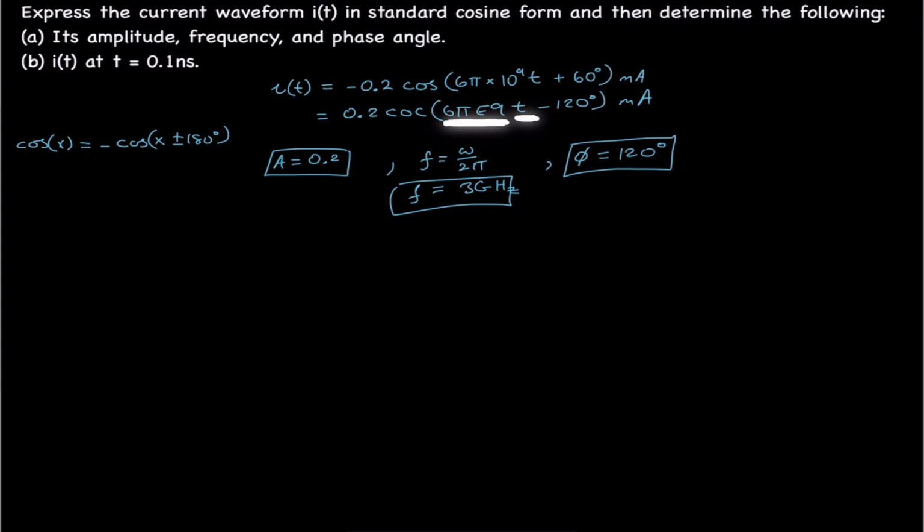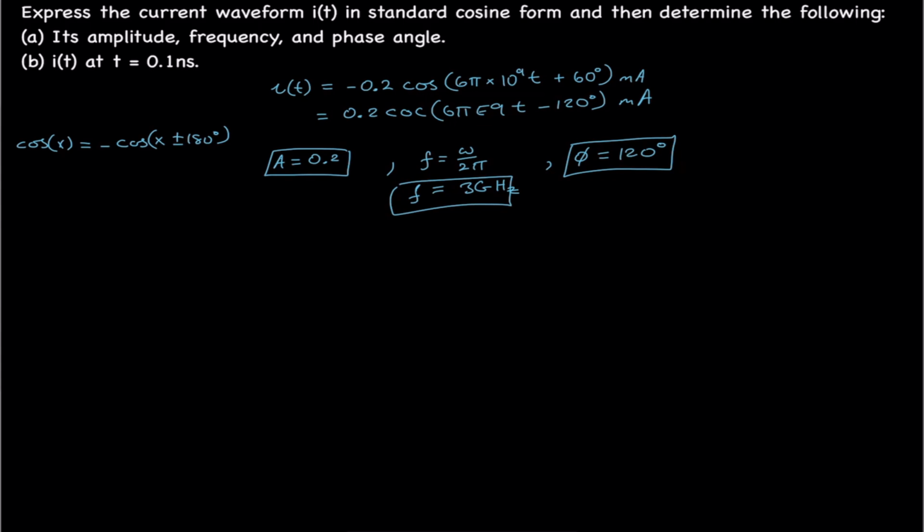We can convert that to degrees, subtract 120 from whatever this evaluates to, and then evaluate 0.2 cosine of whatever is in the parenthesis.